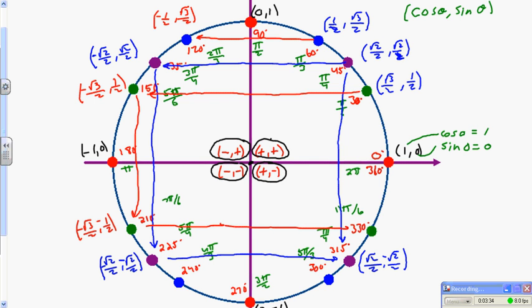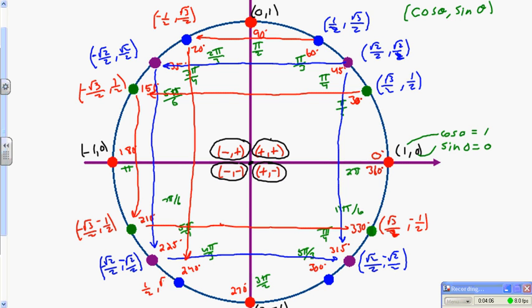Bring that all the way to the right. Sorry about my 2's there. It glitches on me when I write it. There we go. And that is the y is negative. Okay. Finish the other ones. Here we have 1/2 and root 3 over 2.